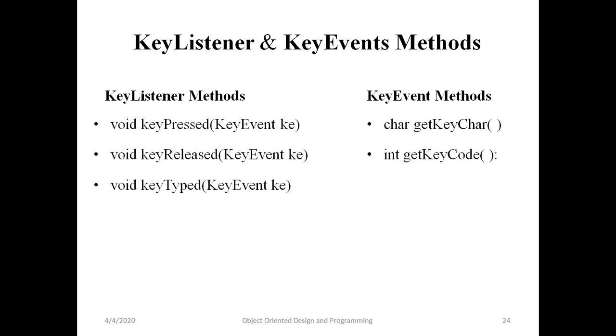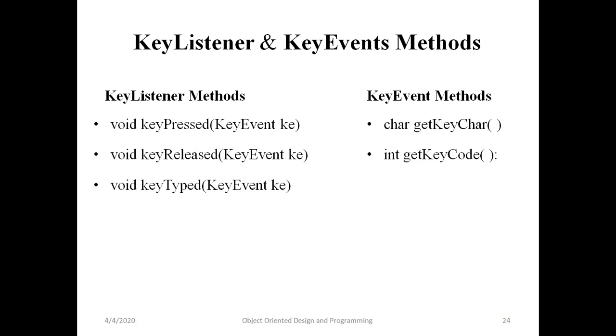If you register a particular listener, that means you have to give the implementation for its methods. For that, you must know what are the methods present inside the key listener. There are three methods present inside the key listener, and all the three methods accept the key event object as the parameter: keyPressed, keyReleased, keyTyped.